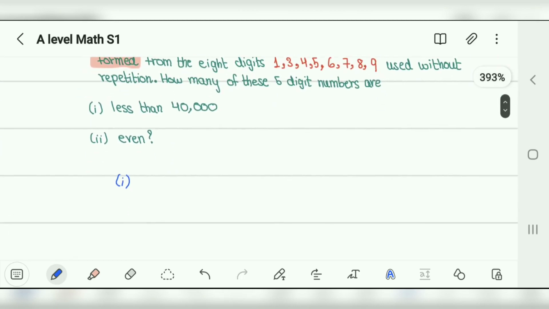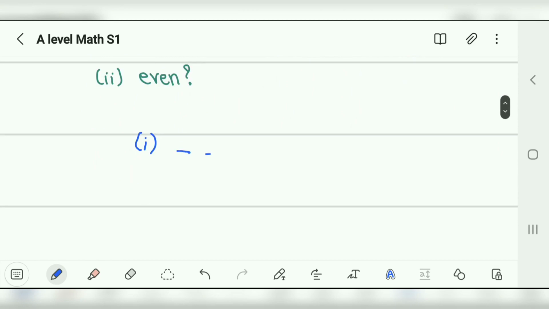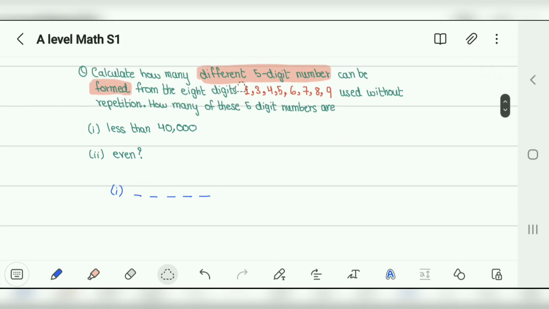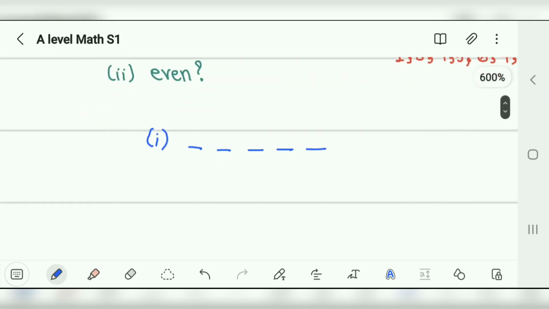So, 5-digit numbers: 1, 2, 3, 4, 5. It says from the 8 digits without repetition. It must be less than 40,000, and it must be a 5-digit number.